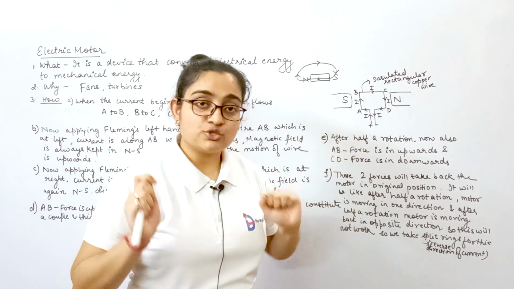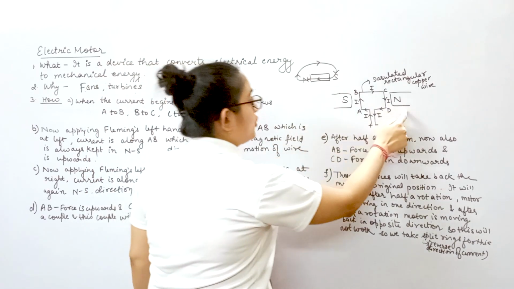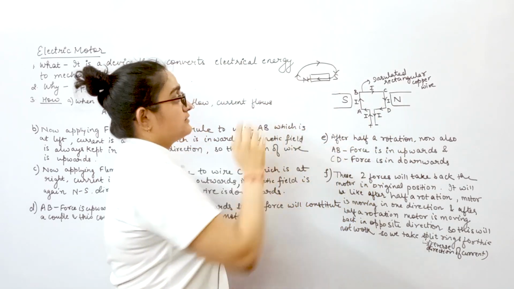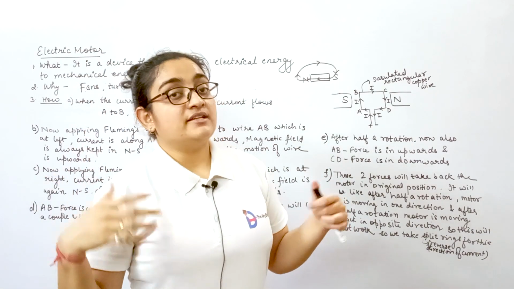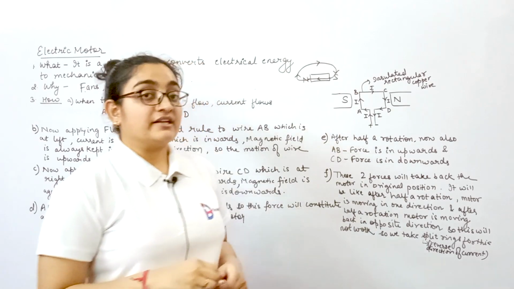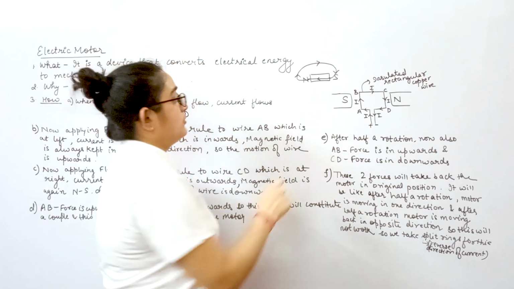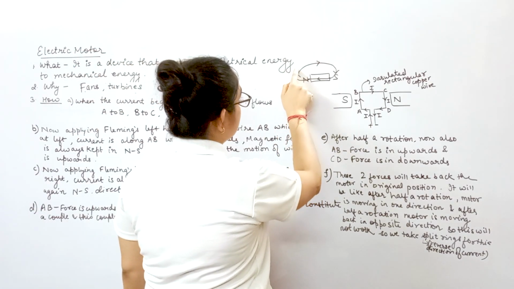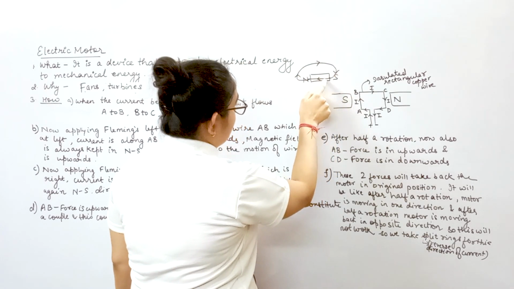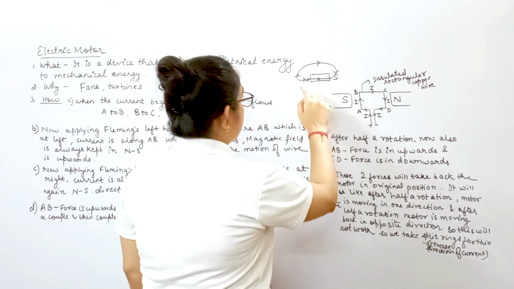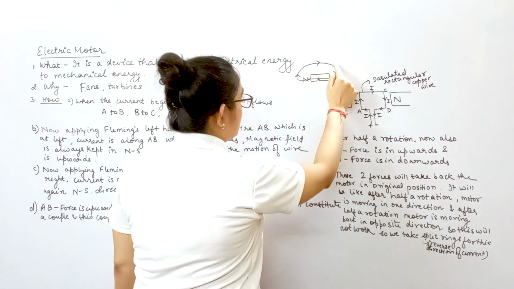And what about the direction of magnetic field? It is from north to south. Just recall the concept which I taught you in the magnetic field and magnetic field lines. The magnetic field lines start from north, come to south, and then move inward. You just remember that it starts from north and comes to south.